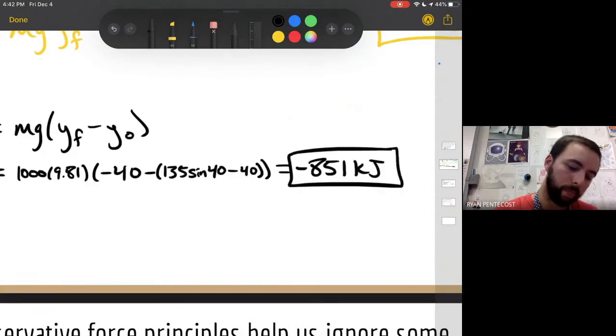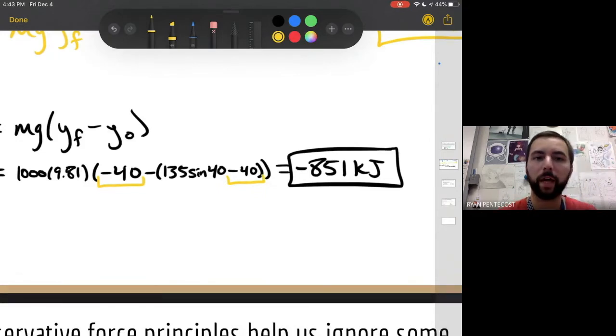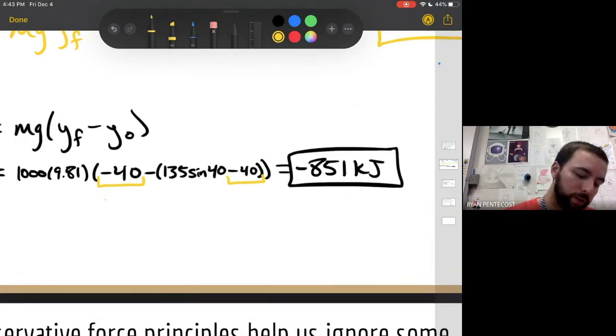Now you can see that our ZPL right here, that negative 40, if you change that negative 40 to any other number between A and B, it may not even have to be between A and B. In class, I changed it to negative 35 and you get the same answer. I did negative 70 and got the same answer.